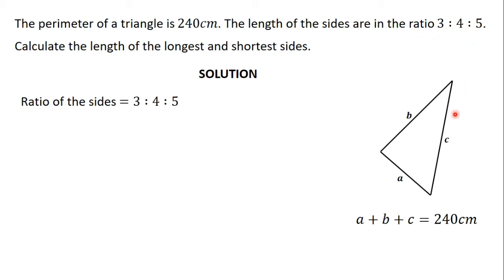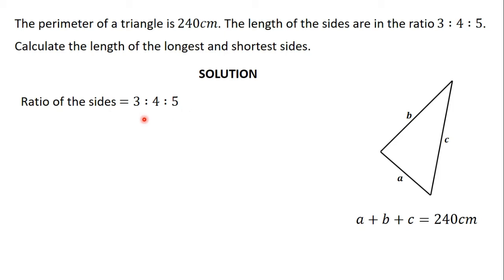From the question, we are being told that the length of the sides of the triangle are in the ratio 3:4:5. So a triangle has three sides. The ratio has three parts. The smallest part is 3, the biggest part is 5, and the other part is 4.